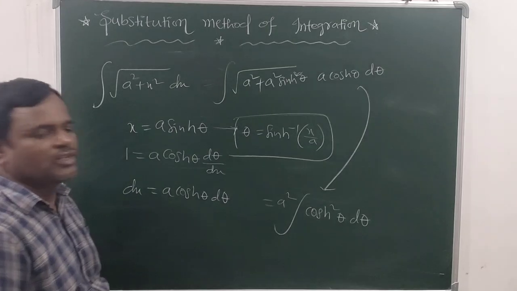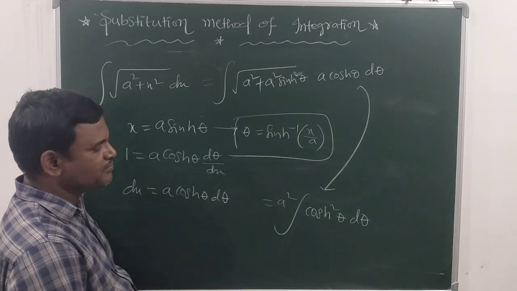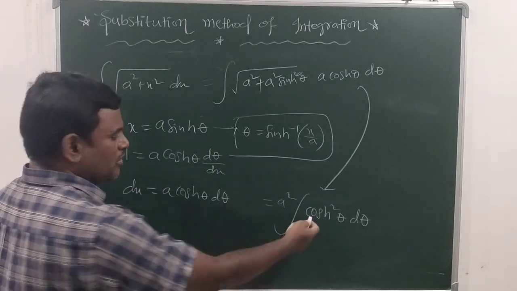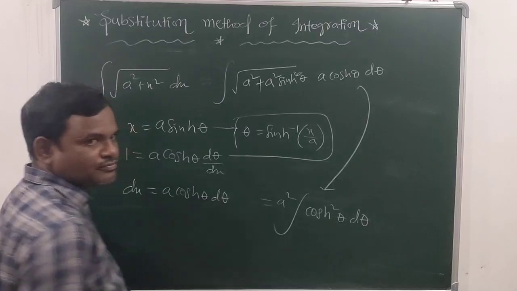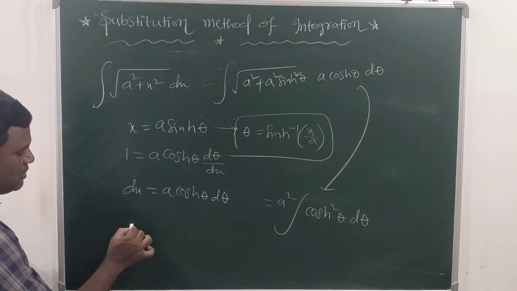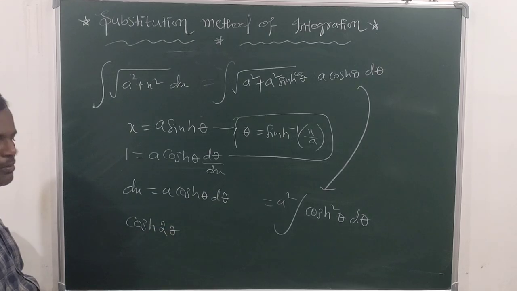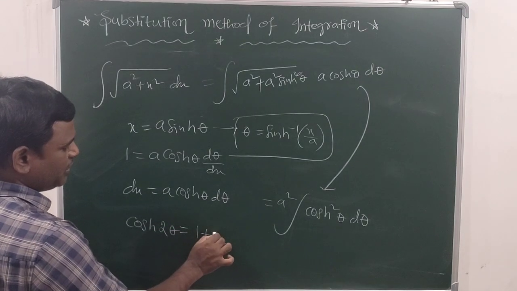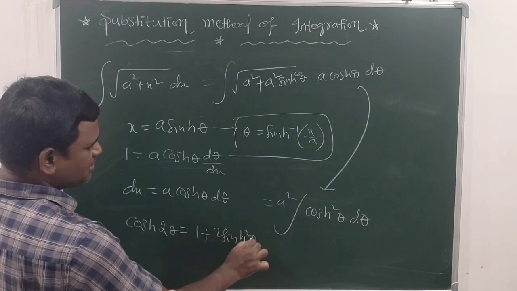Okay. Right. Cosh square theta. How do you have to write it? You have to convert it using the multiple angle formulas. You learned this formula in the multiples chapter. Cosh 2 theta in terms of sine you can write like this: 1 plus 2 sinh square theta.